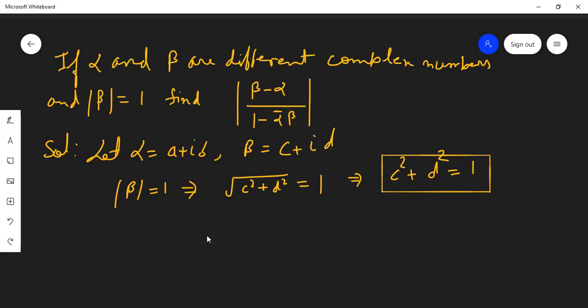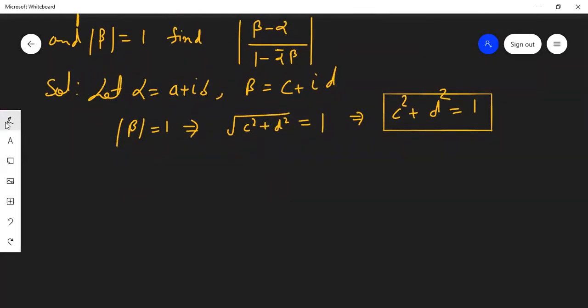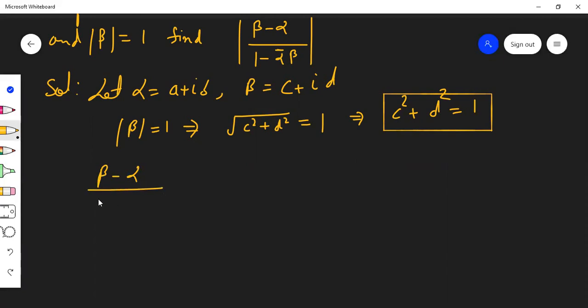Now, what will be (beta minus alpha) by (1 minus alpha conjugate beta)? Let us first calculate this quantity, beta minus alpha by 1 minus alpha conjugate beta.